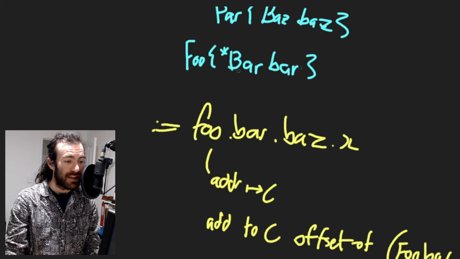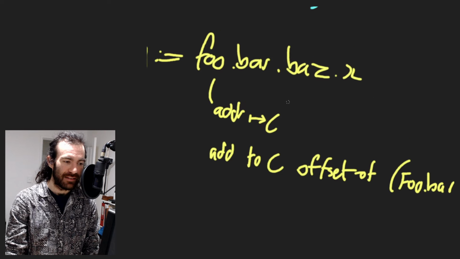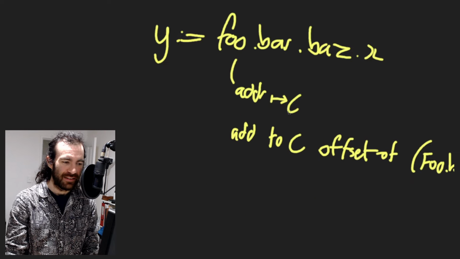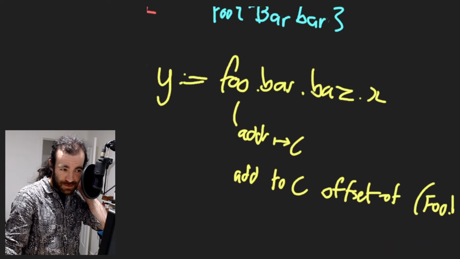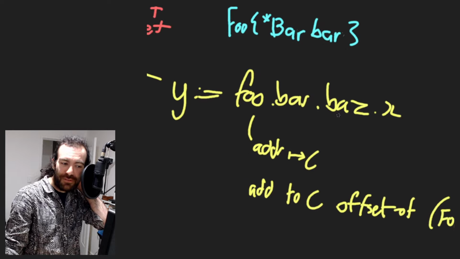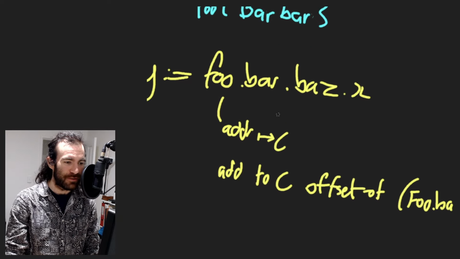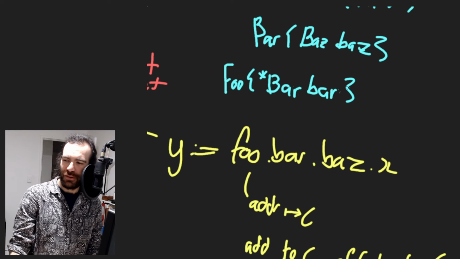This field is a pointer to a bar. So to get the start of the bar, well, again, what's this pointer? Well, it points to an address in memory. So to get a field out of a bar, well, this is a pointer to a bar, we need to add whatever the offset of field baz is to the bar. I picked really bad names for this.